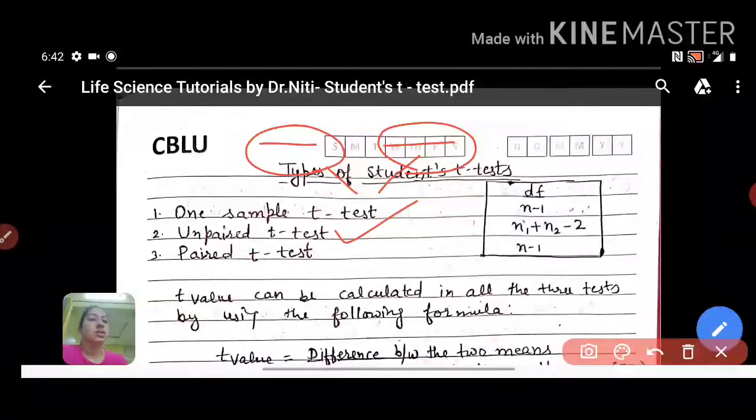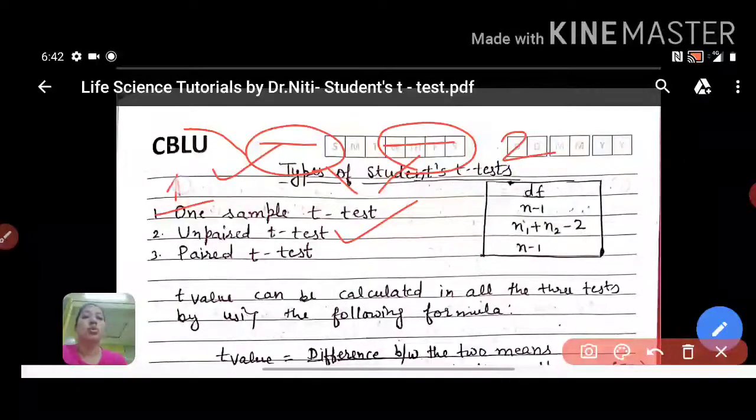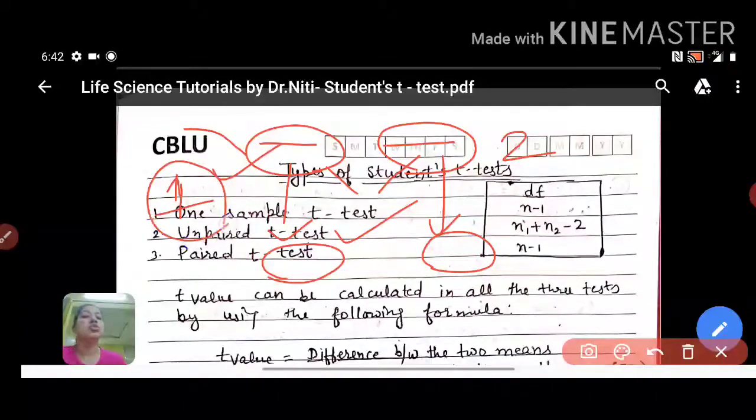Suppose there is a group of 5 people who were given drug 1, and a second group who were administered drug 2. After administering the drug, the blood pressure of both groups is noted down, and now you have to compare the blood pressure of these two groups. There is no relationship between these two drugs, and also no relationship between the patients in these two groups.